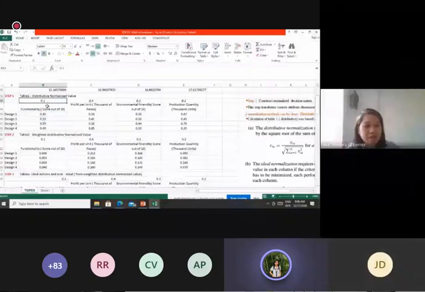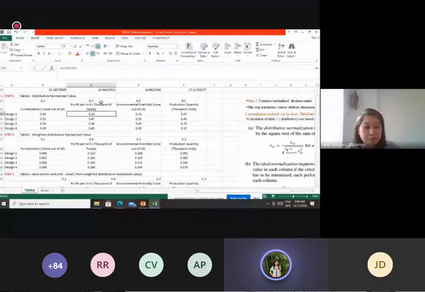So 0.46 times 0.10 is 0.046, 0.53 times 0.1 is 0.053, 0.59 times 0.1 is 0.059, and 0.40 times 0.1 is 0.040. So the same goes with the other remaining criteria. 0.53 times 0.4 is 0.213. So this is now the weighted normalized value for step 2.